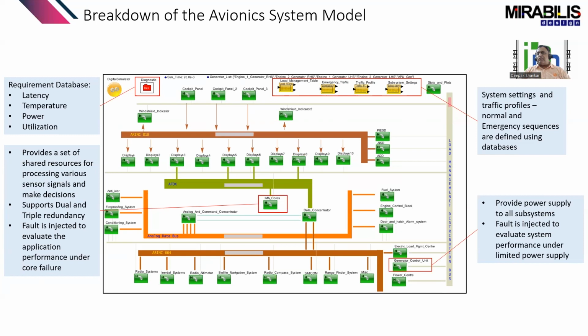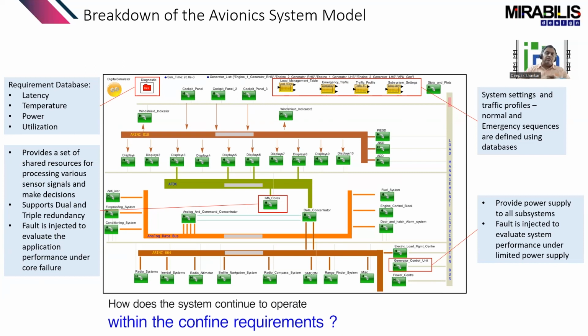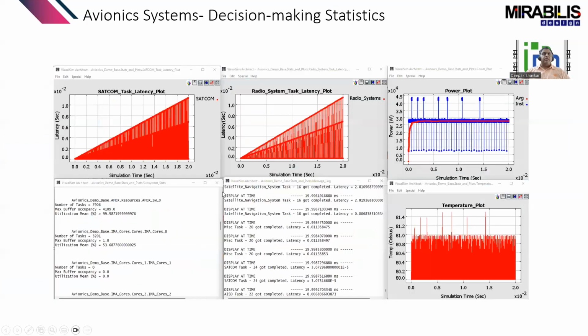The other aspect, which is very critical in more of these kind of situations, which are more unpredictable kind of environmental conditions, is to also look at the power system. So, you create faults where some of the power lines, the supply lines are cut off. How does the system continue to operate? Does it still work within the confines of the requirements that we've had?